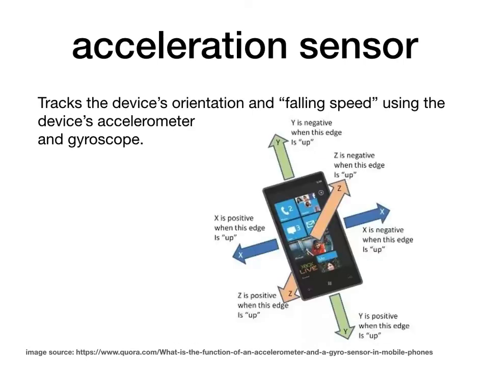Finally, the acceleration sensor tracks the device's orientation and the falling speed using the device's accelerometer and gyroscopes. So again, you've got the three axes X, Y, and Z. This is how the device knows which orientation it's in. If it's sitting flat on a tabletop, the Z-axis is where the acceleration is felt.